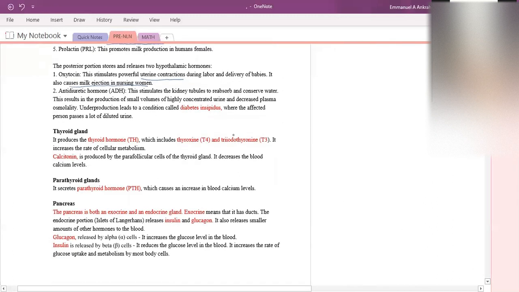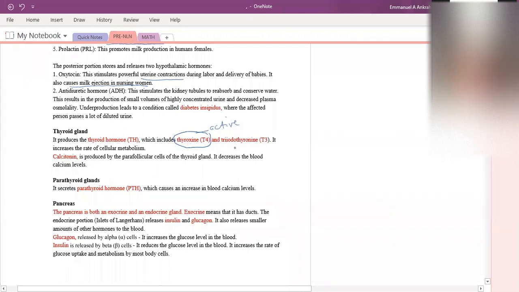Now the active form is this one, T4, active hormone. And then T3, this is the inactive form, right? So before T3 can be used, it has to be converted.